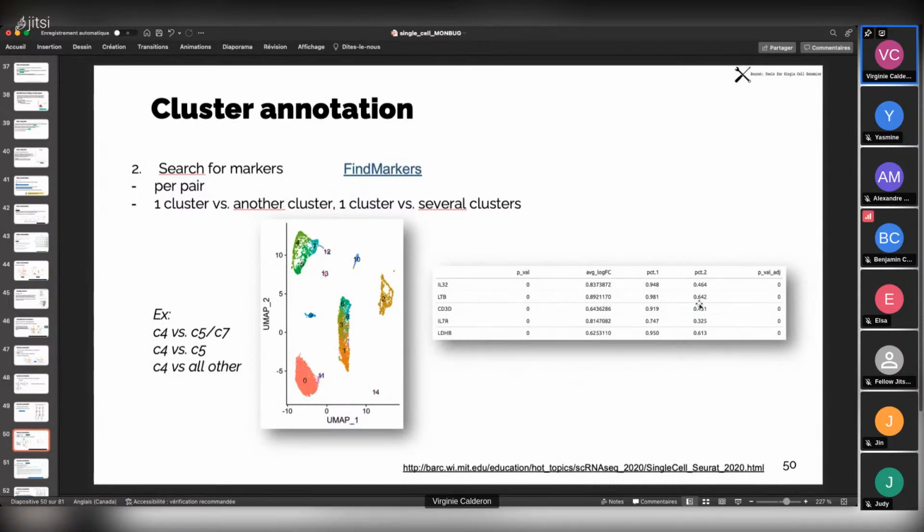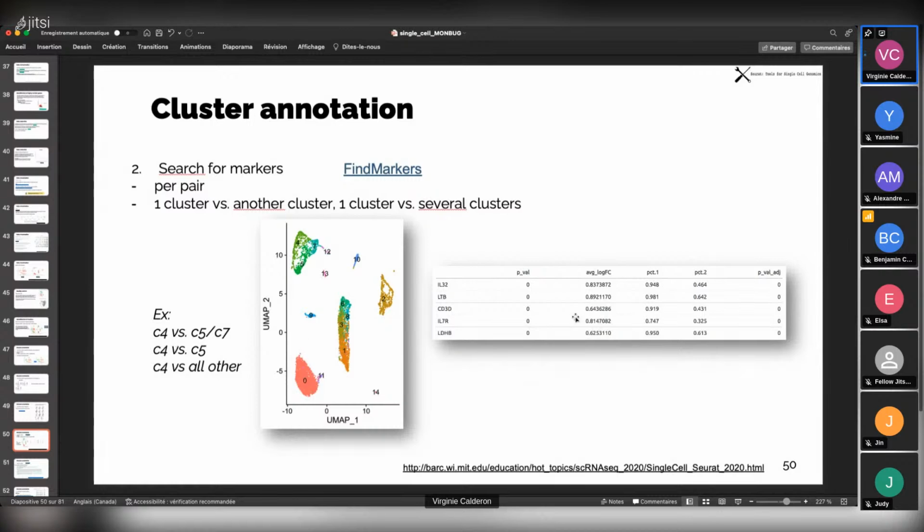adjusted p-value, and something really important here in single cell, the percentage of expression. So you will have PCT1 and PCT2. PCT1 will give you the percentage of expression of these genes in the first cluster, for example, in C4 here.